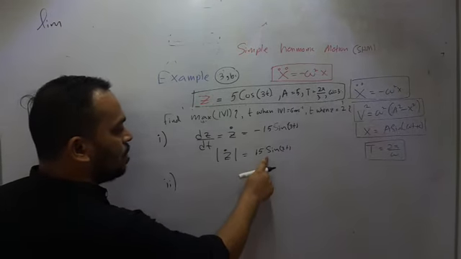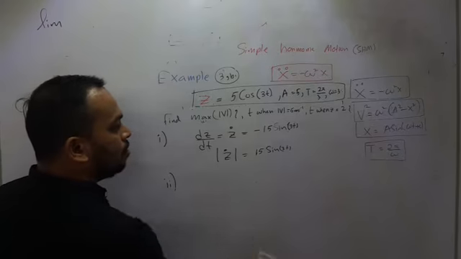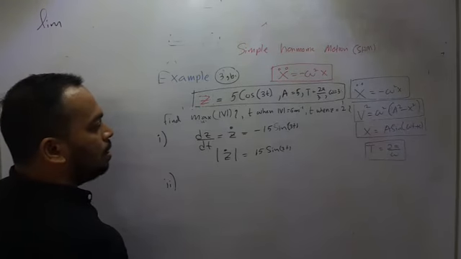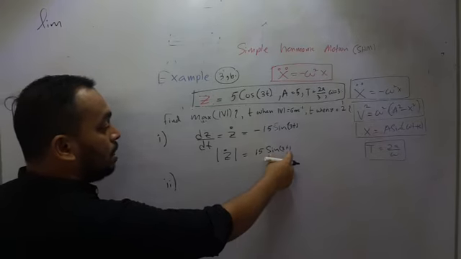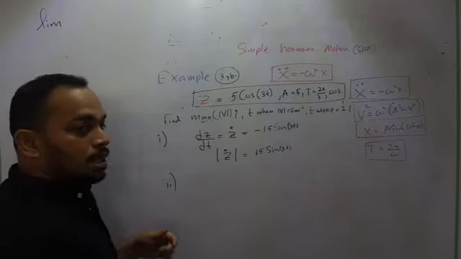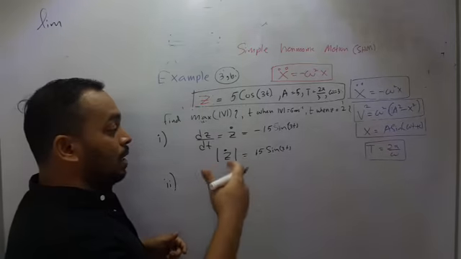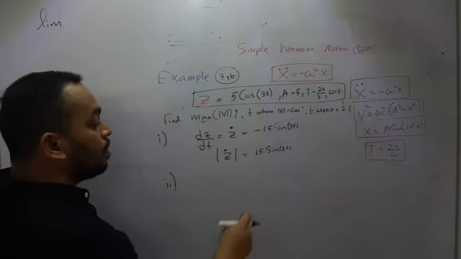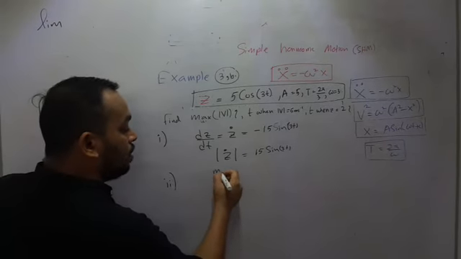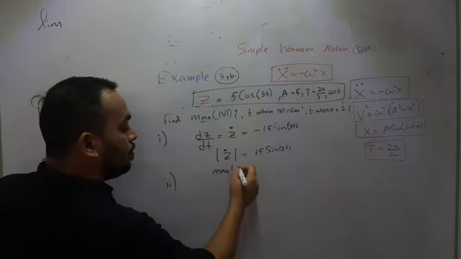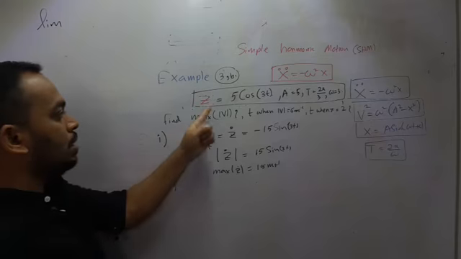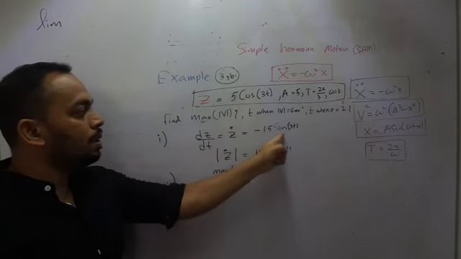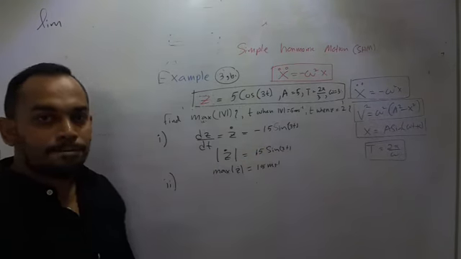The maximum value is obtained when this sine part becomes maximum. It takes a maximum value which is equal to 1. So the maximum would be 15 meters per second. When you derive this one, cos 3t becomes minus sine 3t.